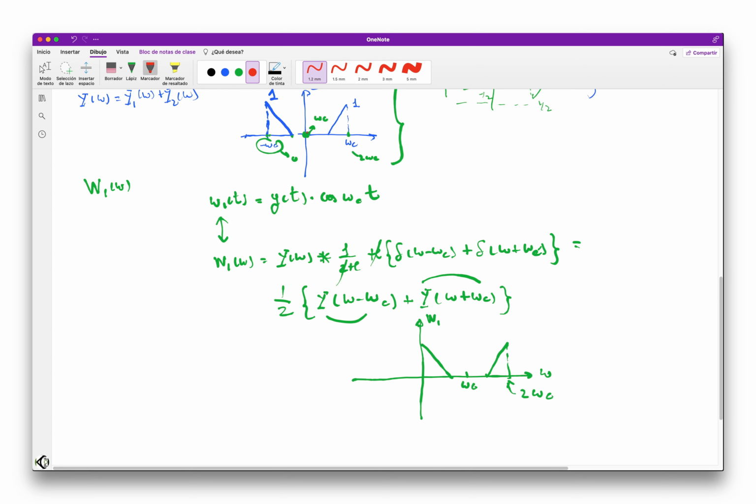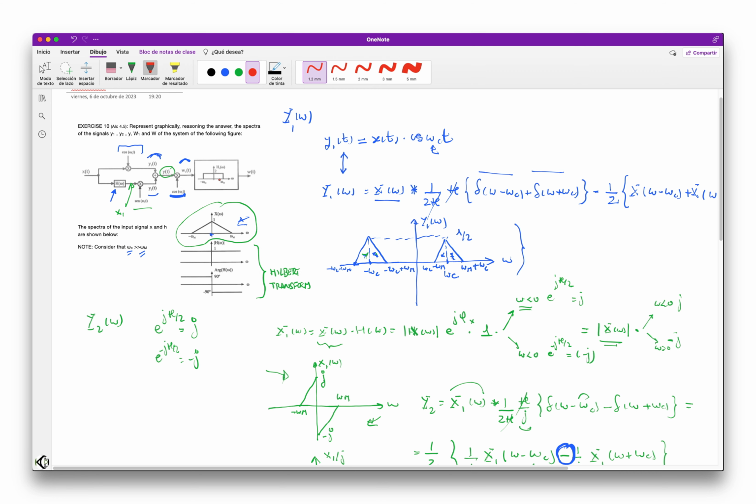If I take this signal and move it to the left by omega_c, this central point will go to minus omega_c. Then the point that was at omega_c will go to 0, so we will get this point here, corresponding to moving this triangle to the left, and around this it will be minus 2 omega_c. And the height will be 1 divided by 2. Okay, this is what W1 will look like.